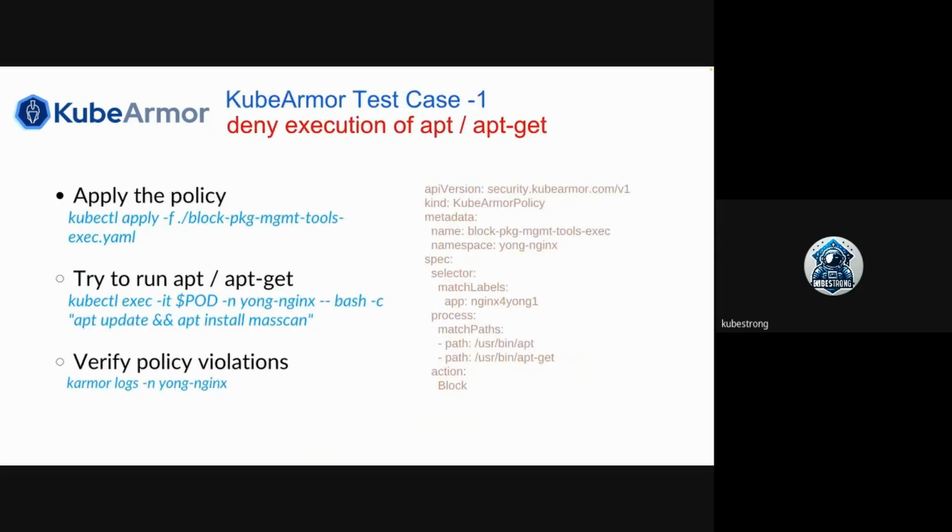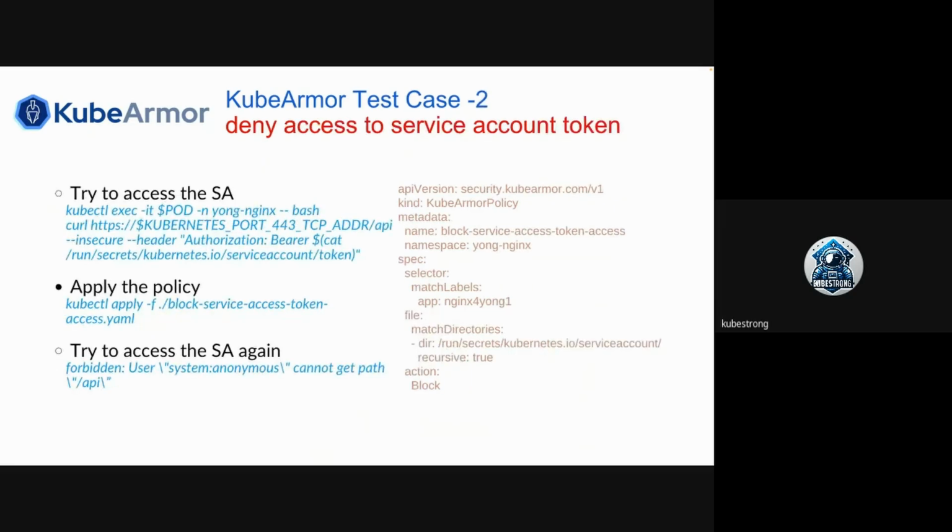That's the deny execution YAML file, how you deny someone from running any command. In this case, we only deny the apt and apt-get commands, so you're not able to run the process. You can select any application you want to block. Does that make sense? I have quite a few more. If you have time, I can show you more test use cases.